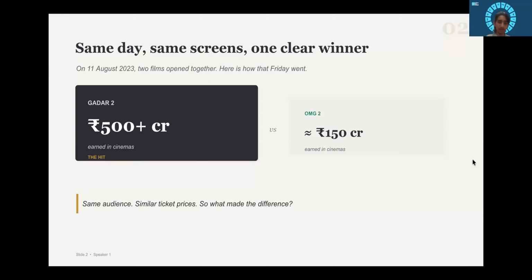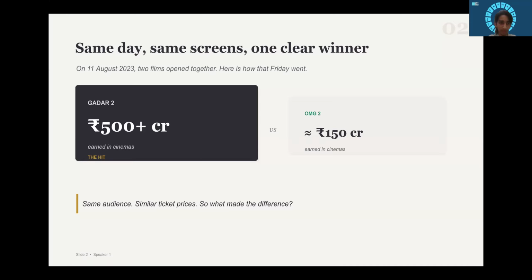So let's start with something that actually happened. Two big films, Gaddar 2 and OMG 2, released on the same day in the cinema with the same ticket price. But Gaddar 2 pulled in over 500 crore rupees, while OMG 2, which was a good movie, pulled in only 150 crore rupees.